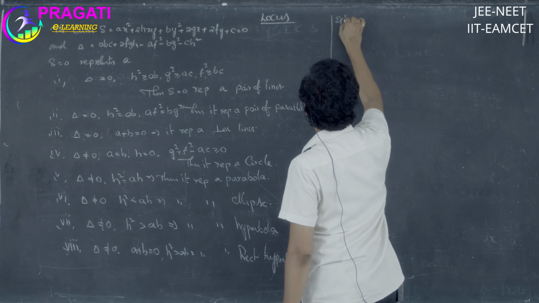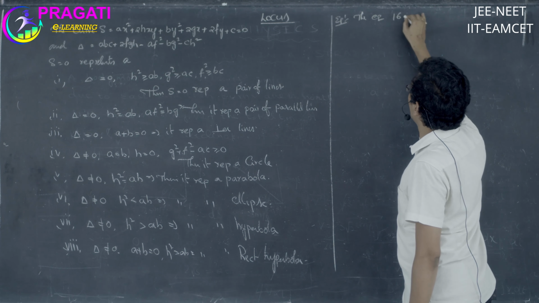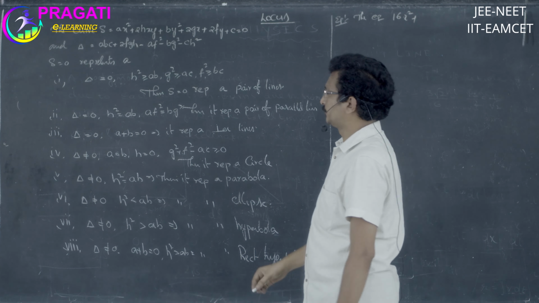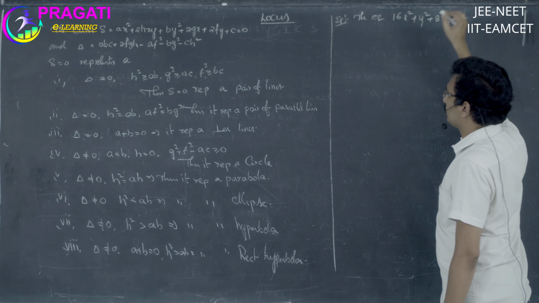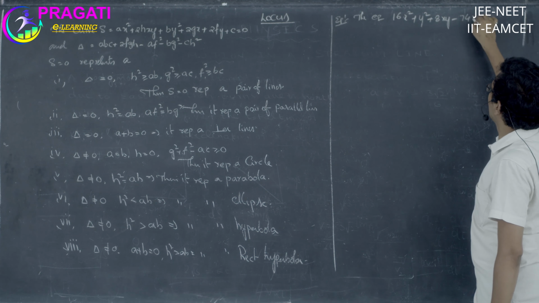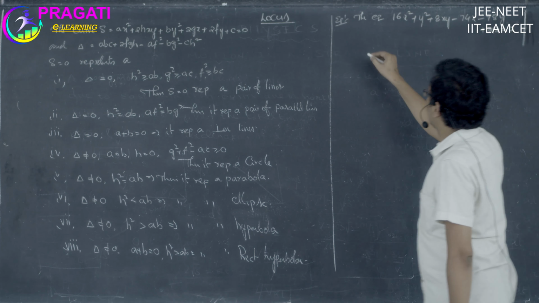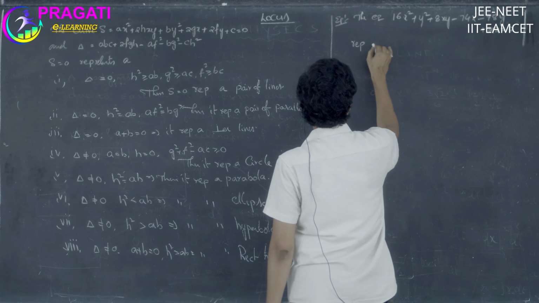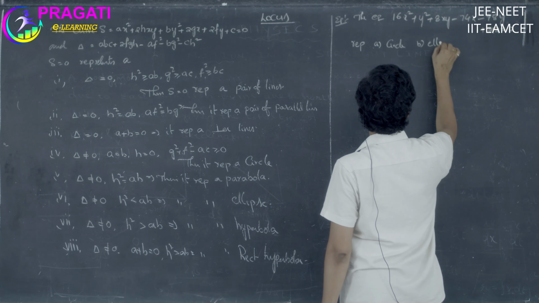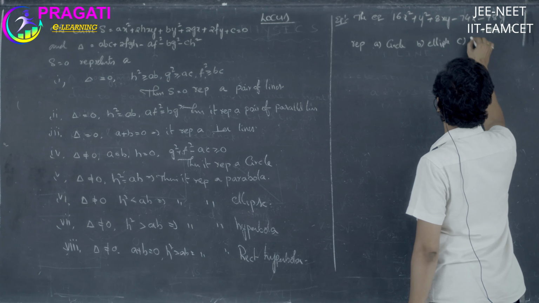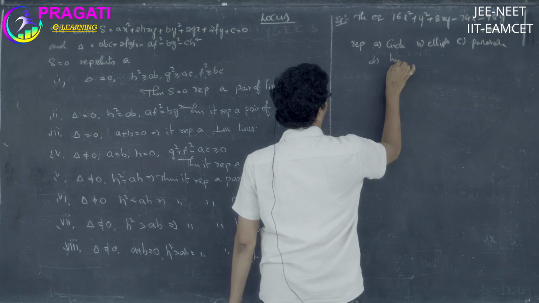Suppose one of the examples is the equation 16x square plus y square plus 8xy minus 74x minus 78y plus 212 equal to 0 represents: the first option is a circle, the second option is ellipse, the third one is parabola, and the fourth one is hyperbola.